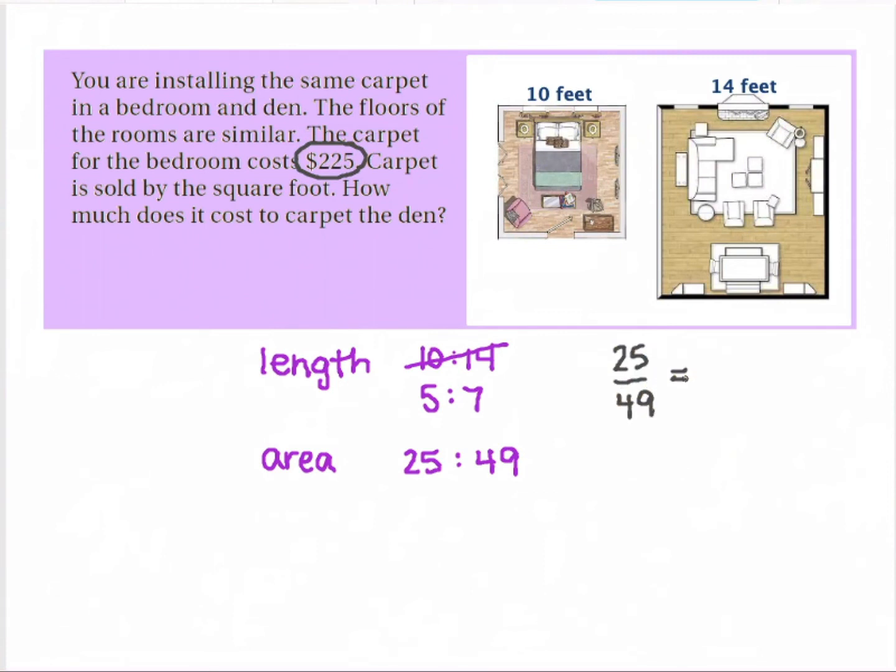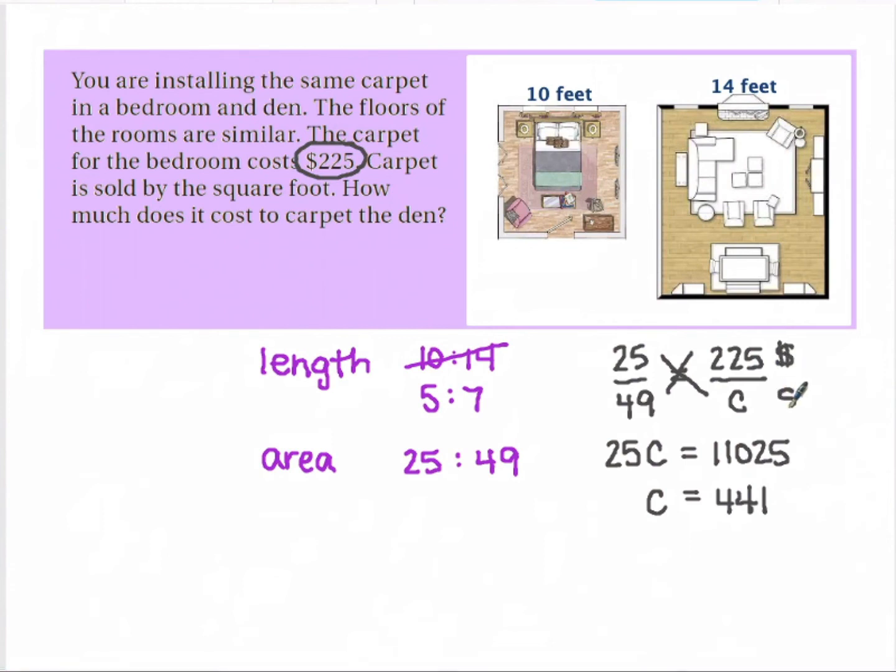And we know the cost for the smaller bedroom is $225. And we're finding the total cost for that larger den. Cross multiply and we'll have our answer. And remember, since that $225 was in dollars, we just found the dollar amount for the carpet, $441.